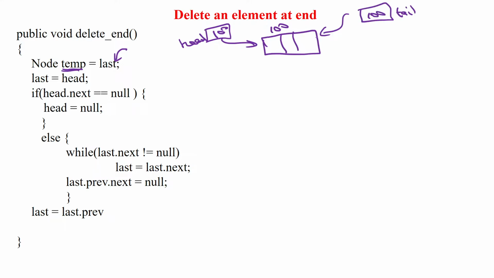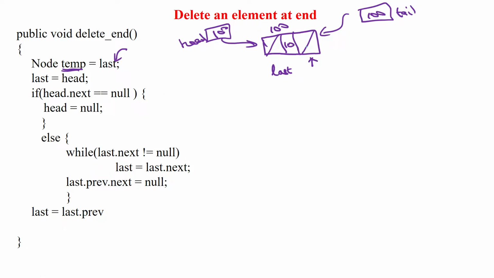That means the next field of the node is null, the previous field of the node is also null, and the value may be 10. Now we are making this head node the last. Then head dot next equal to null. Yes, this is the head node. Head dot next field is this field, which is null. Yes, it is null.